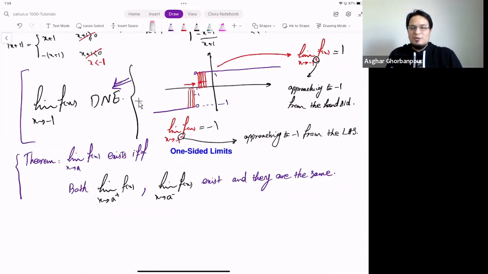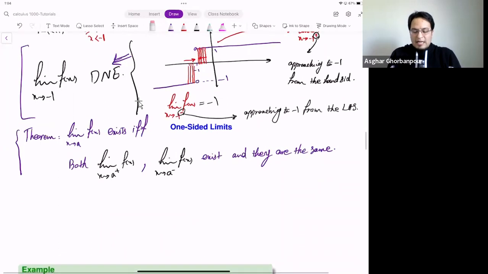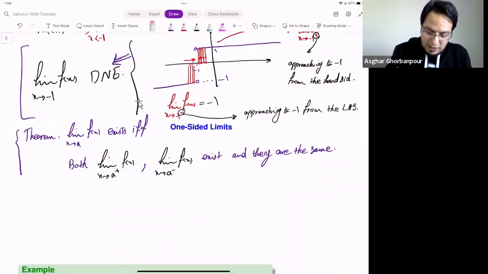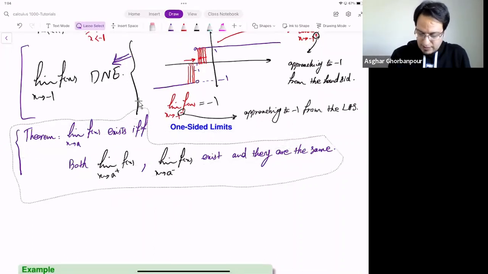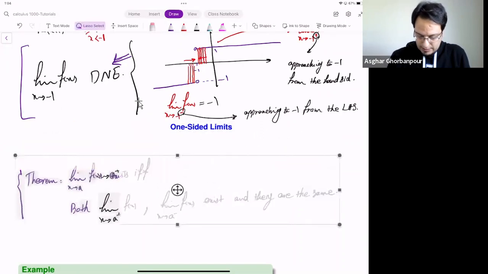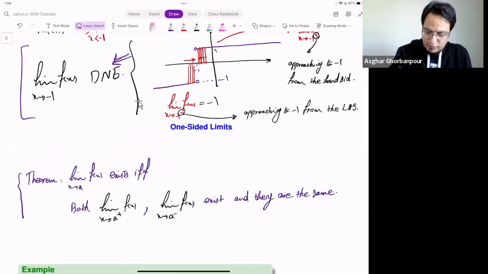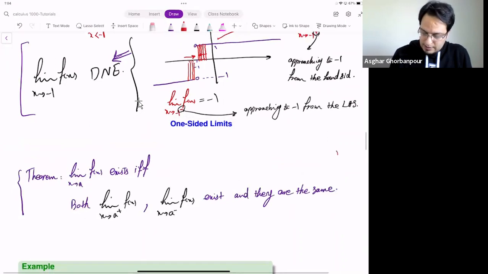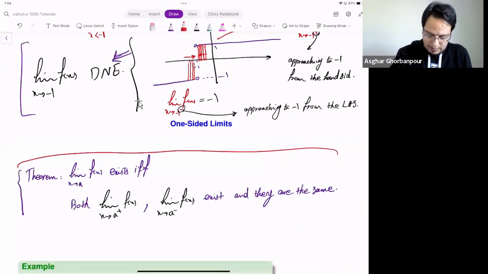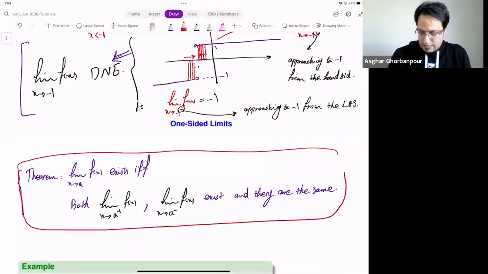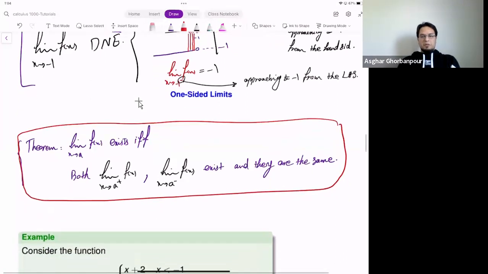If they are not equal, the function does not have a limit at that point. That's the tool, which is very important, specifically when we are working with piecewise defined functions. So let me bring it down. This is a very important tool. I'll put it inside the box, and you should remember that.